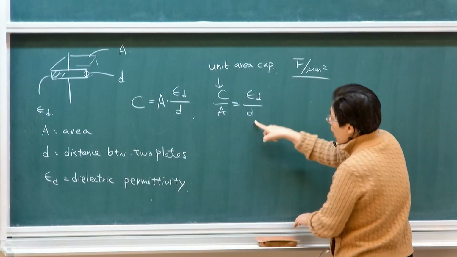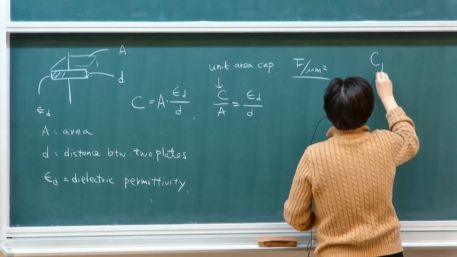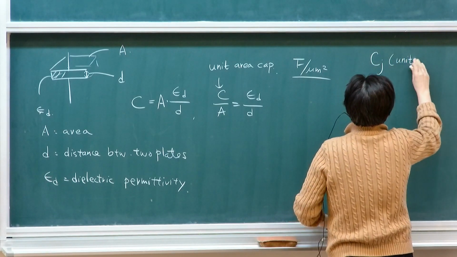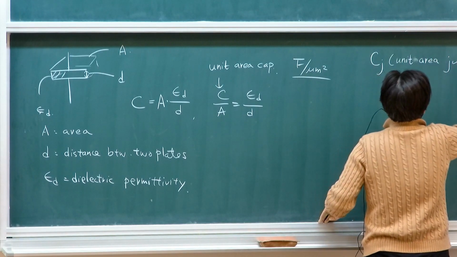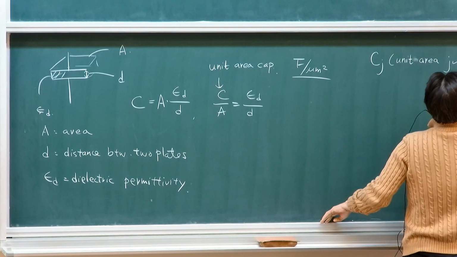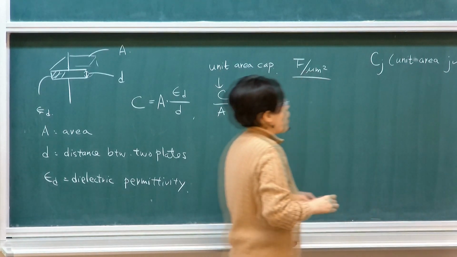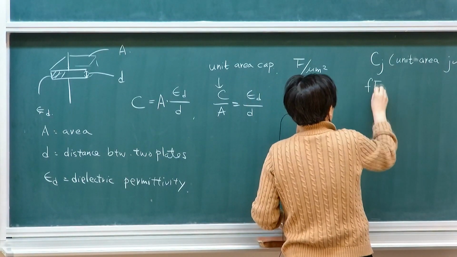If you're following this guideline, the unit area capacitance, I'm just going to call it the capacitance. This is once again unit area, called the unit area junction capacitance. That's all the junction capacitance. And it's typically in the unit of femtofarad.